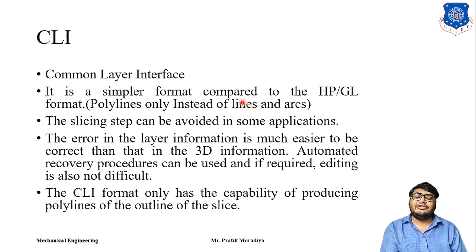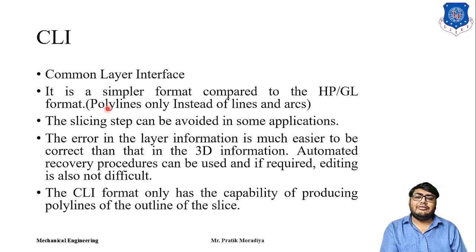So an STL file stores data in triangles only, and you cannot use squares or hexagons, etc. But CLI can store information in squares, even different polygons like hexagons, etc. And it does not have to be a regular polygon.